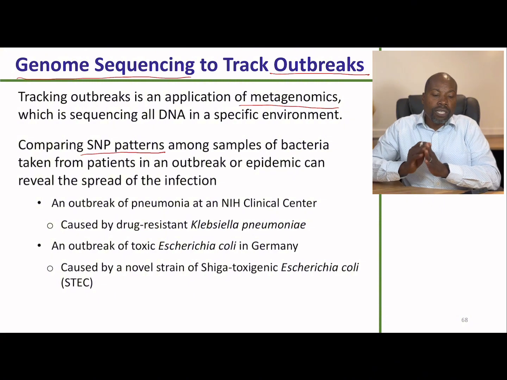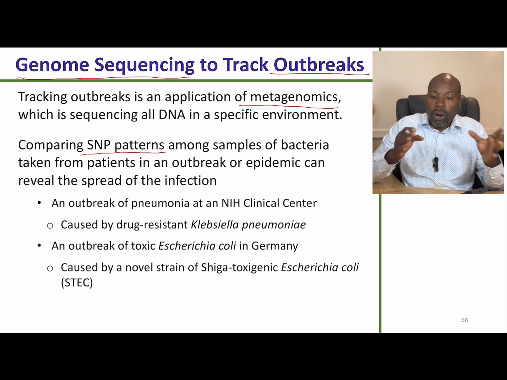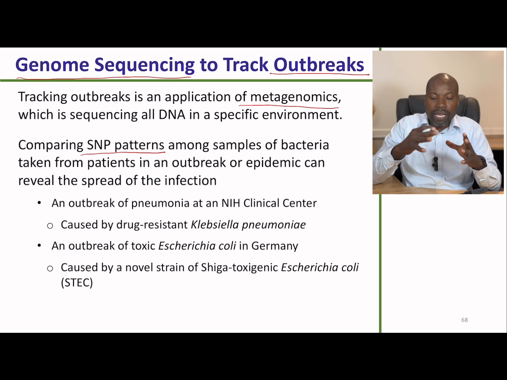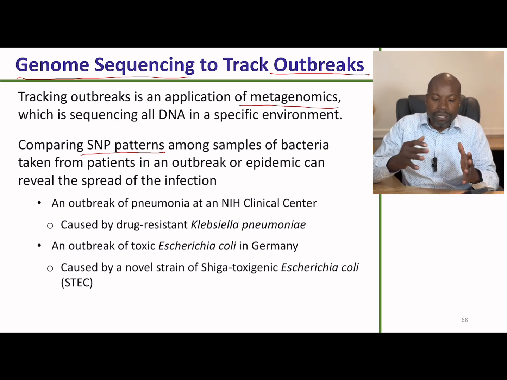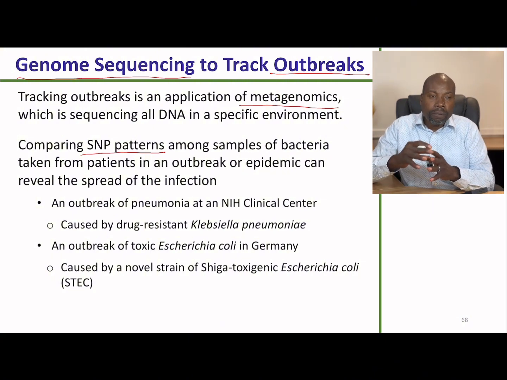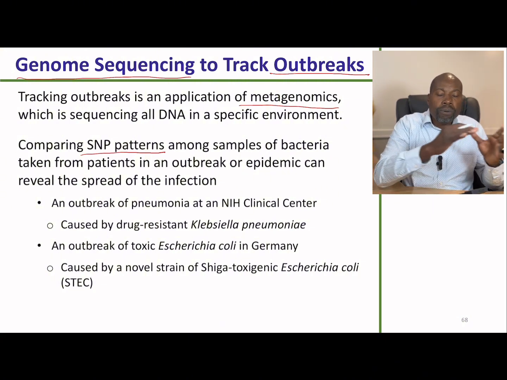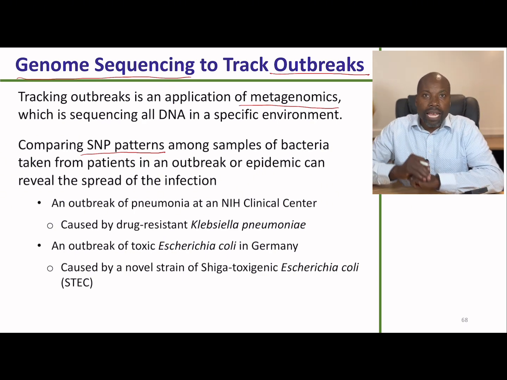The patterns of SNPs among organisms in a community allow us to trace how this organism was spread around, from one area to another area.